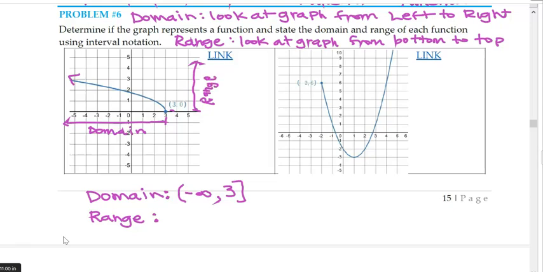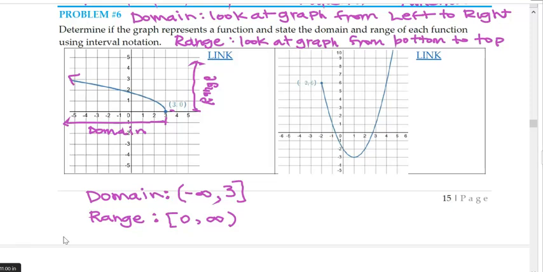So our range, the very bottom of it is 0, and it includes it. So we'll put square bracket 0, and then remember this is going up and out forever. So it is going to go up to positive infinity, and so we need a parenthesis after that as well.